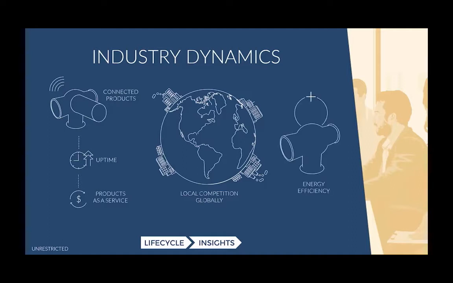The last thing is energy efficiency. People are looking to lower the operational cost of these fluid power systems, and that means the pumps and the flow through the fluid power systems need to be more efficient so that you can bring the cost down.